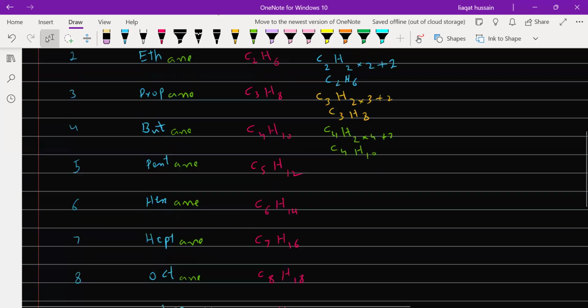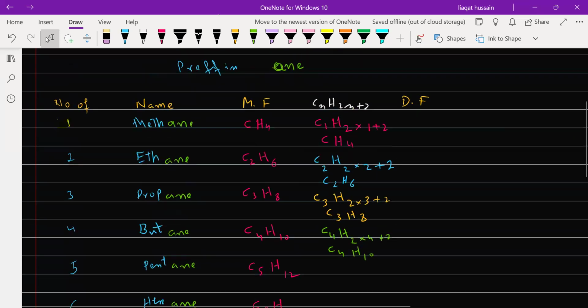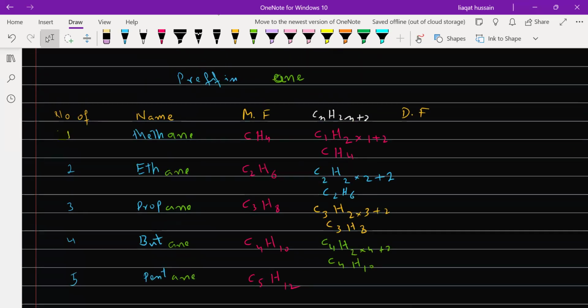Okay. Now we will display the displayed formula, in which every bond will be shown, like methane. The displayed formula of methane will be C, and you write 4 H bonded with carbon.